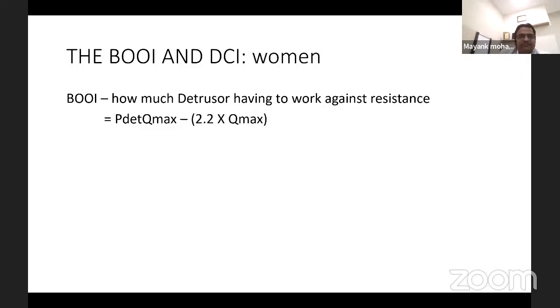How about women? In women, till recently, there was nothing much. But some years back, Greenwell and Solomon published a very nice article, and they independently found that even in women, much like the AG number in men, you have a bladder outlet obstruction index, which tells you the resistance of flow by the formula of PDet at Qmax minus 2.2 times Qmax, practically same as BOOI of men.